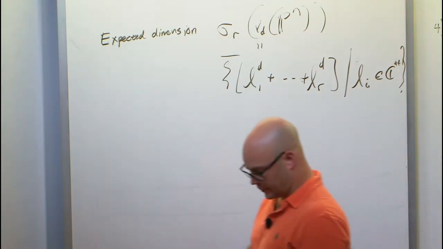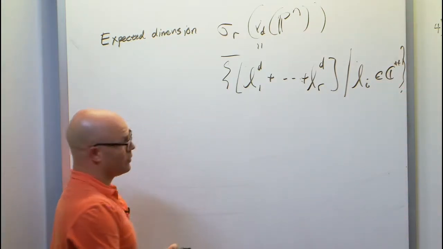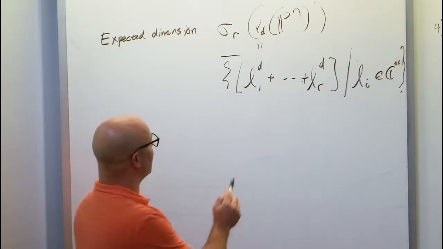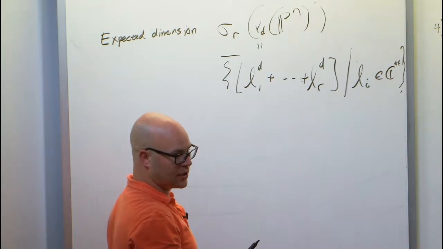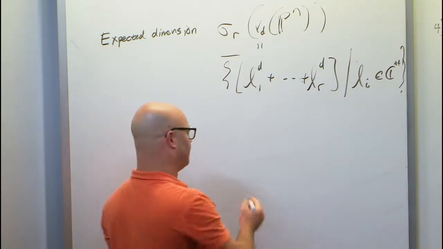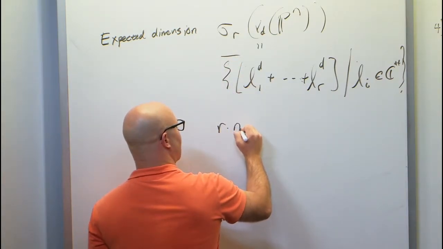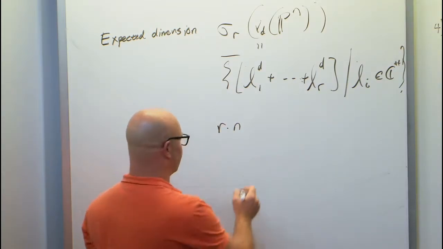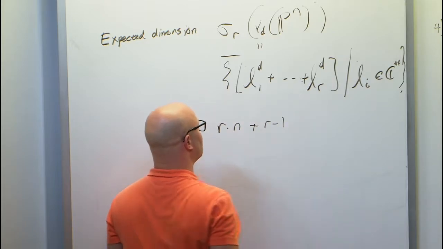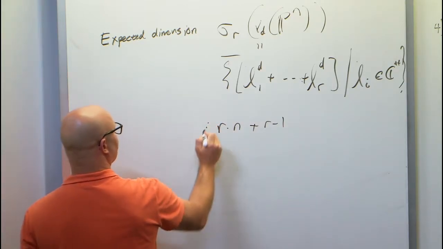Okay, so this variety, if you're just doing a parameter count, I have just re-embedded Pn, so I didn't change the dimension. I'm going to choose R points from that, so I have R times n. And then I choose a point on the secant plane spanned by those. So this is the expected dimension of this variety.